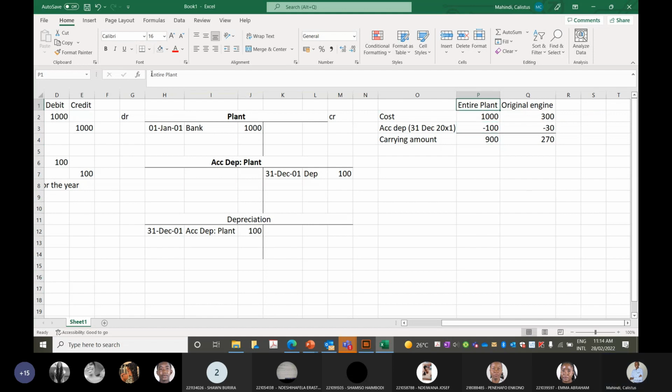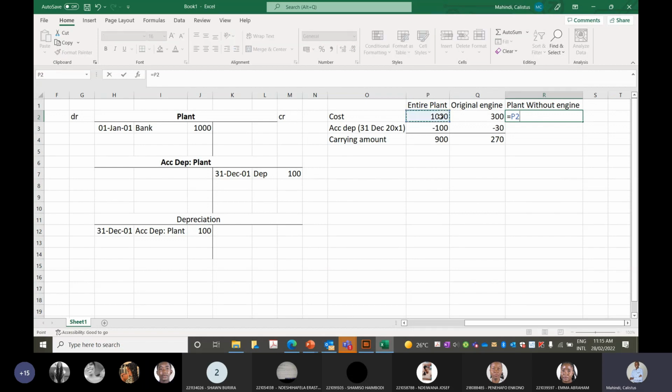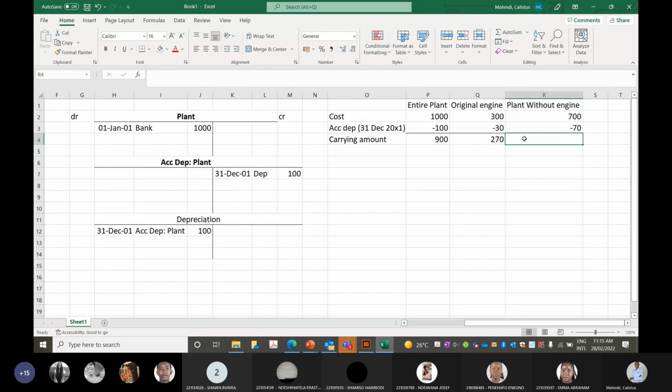So the plant without the engine, the carrying amount of the plant without the engine would be 900 minus the 270.